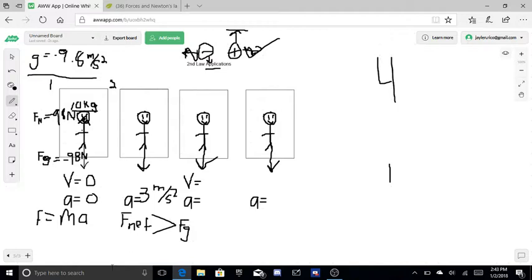We don't know what F net is, but we do know the force of gravity is negative 98 newtons. To find our F net, we could take our acceleration times our mass. So 3 times 10 equals 30 newtons.